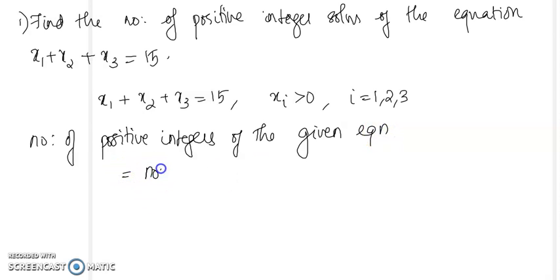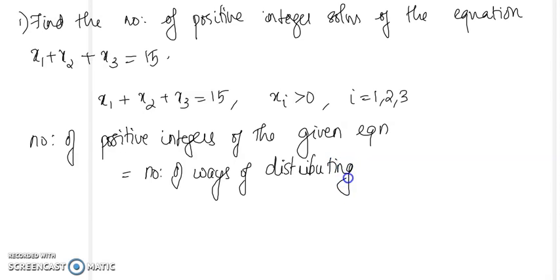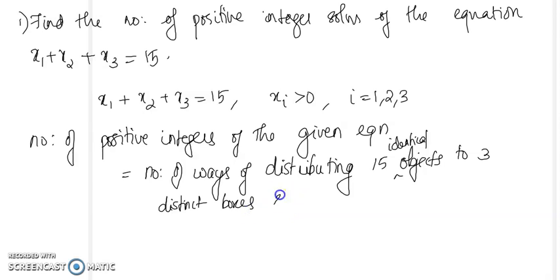will be equal to the number of ways of distributing 15 identical objects to 3 distinct boxes such that each box contains at least one object.